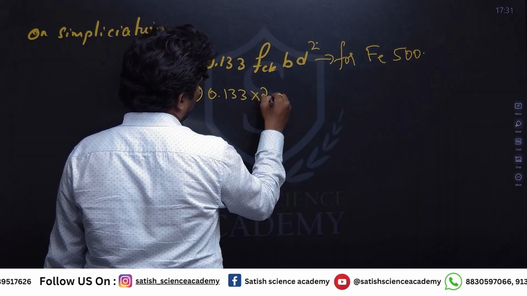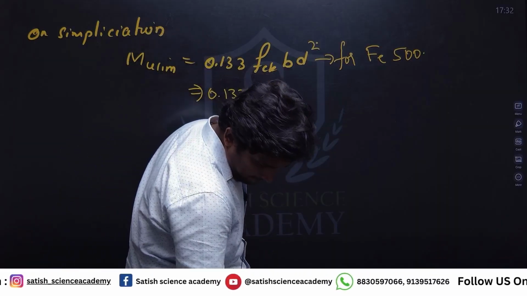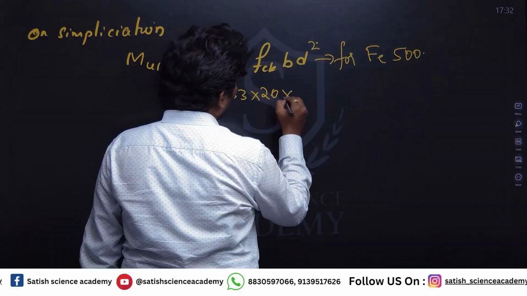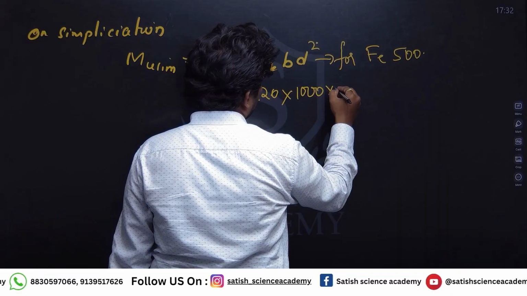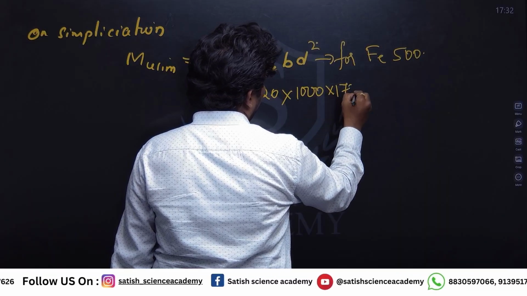So this value becomes 0.133 into fck is 20, into b value is 1000, into d value is 175 square.